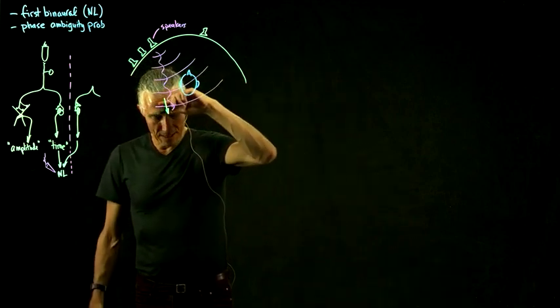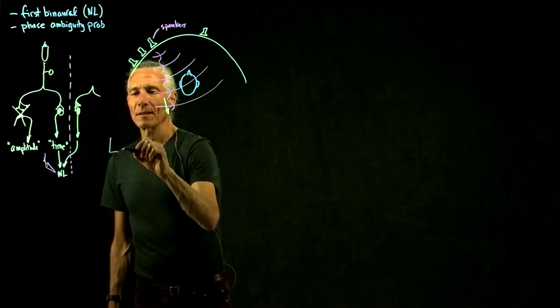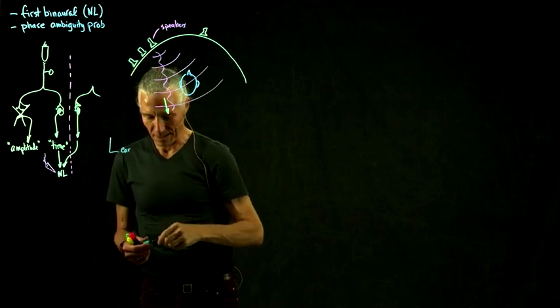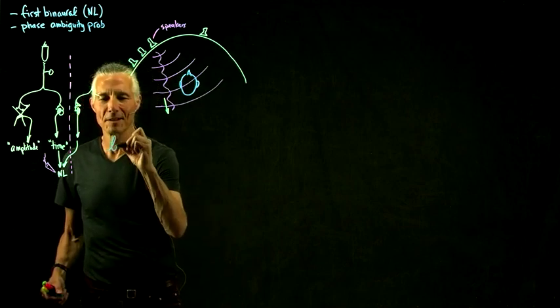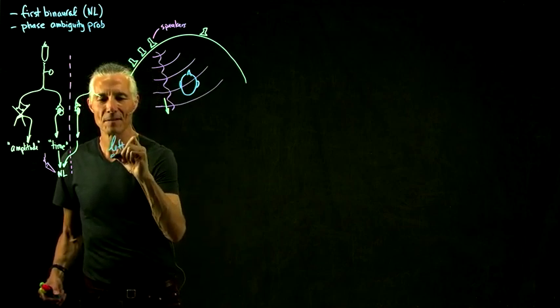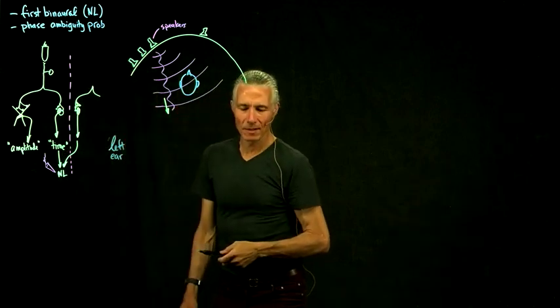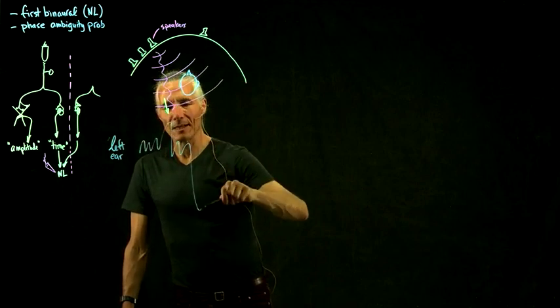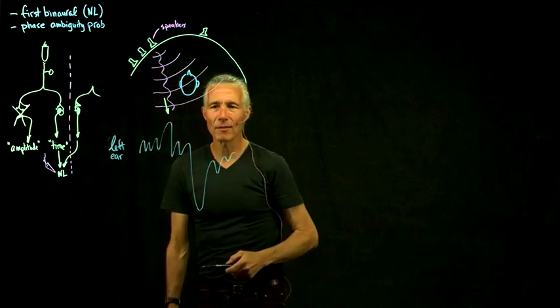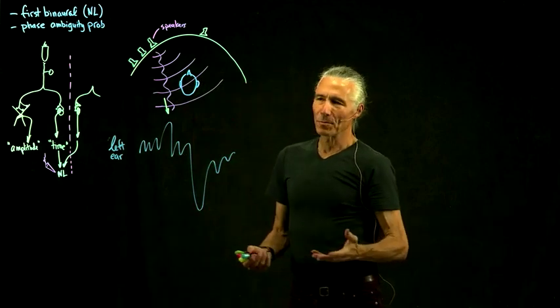So if you imagine this is your left ear. Okay, how about left ear? So say we just have a sound in your left ear, and say the sound does something like this. So that's the sound wave in your left ear. It's got multiple frequencies in it.